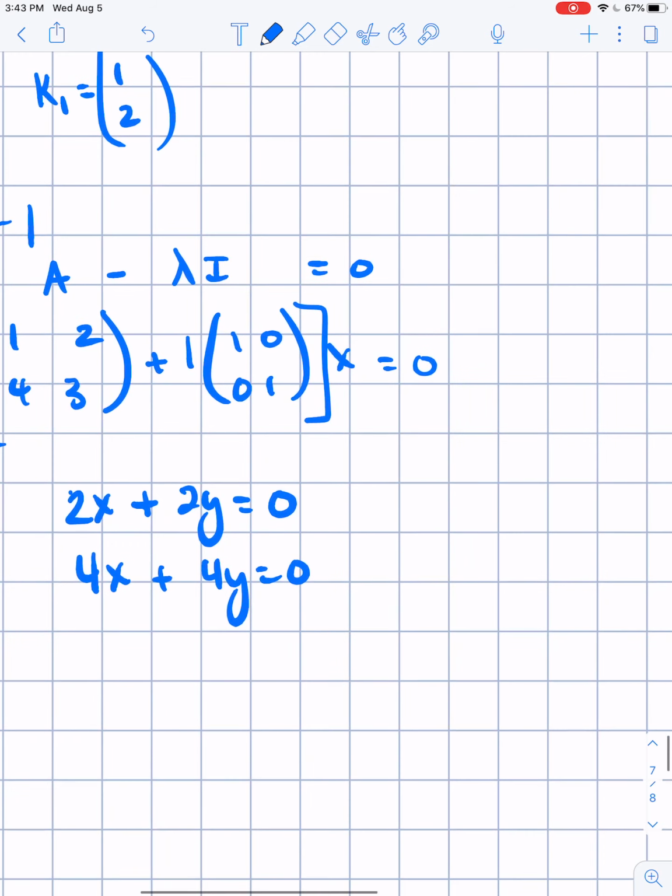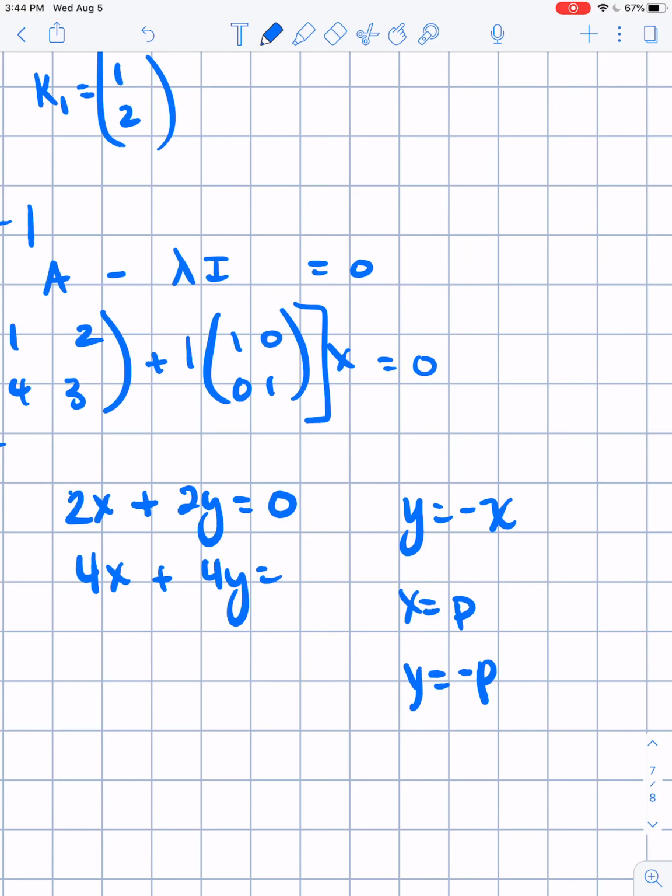So we wind up getting, let's say x is equal to p, then we know y is also going to be equal to, oh, my bad. So let's just solve. Say I solve for y, so y is equal to negative x. If x is equal to p, y is equal to negative p.